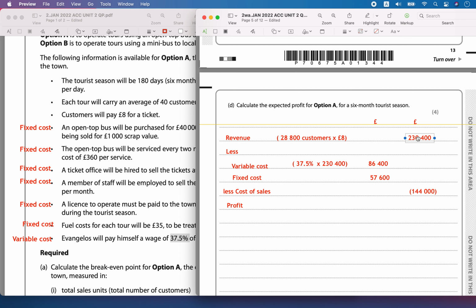Now let's calculate the profit by subtracting it from the revenue. So 230,400 minus 144,000 is going to be equal to 86,400. So the profit is 86,400 pounds.